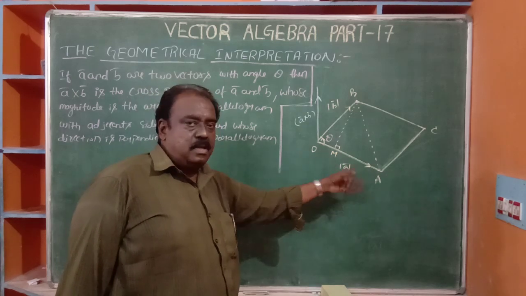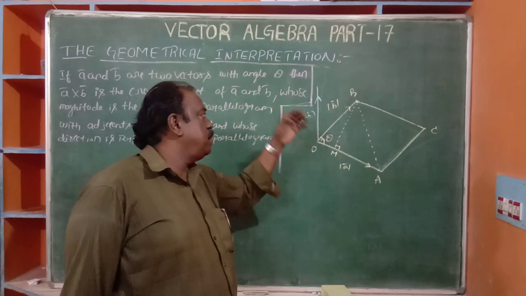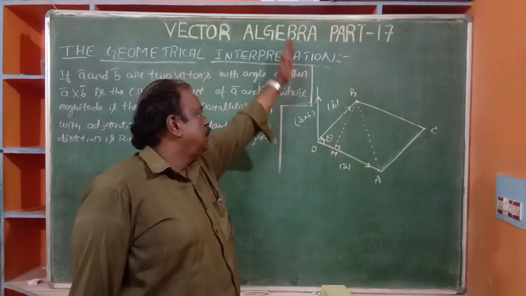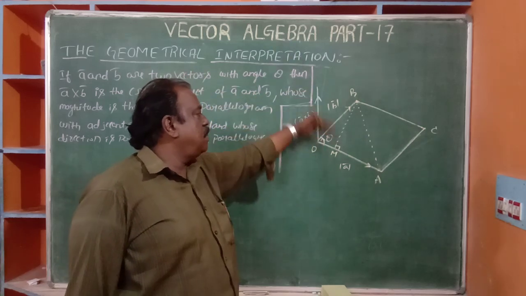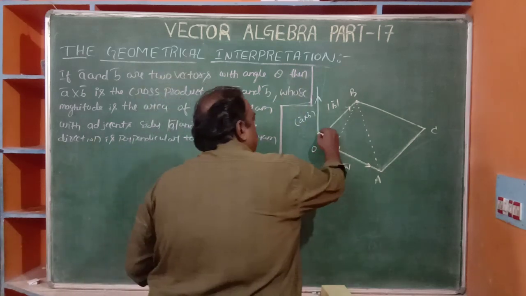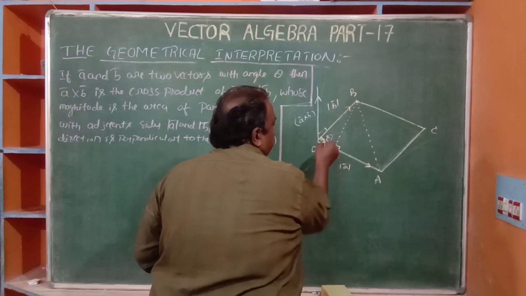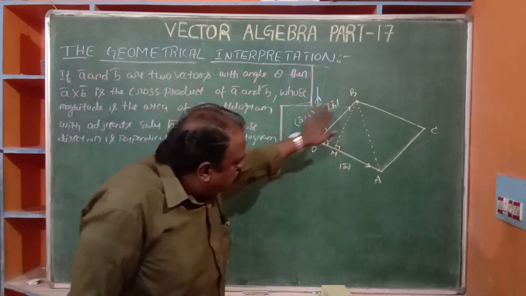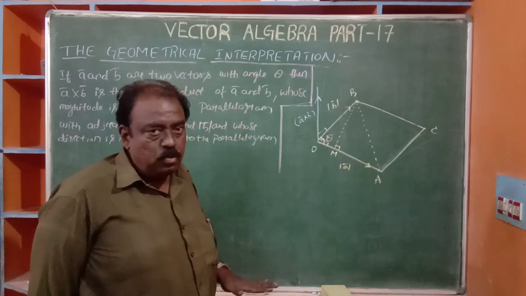Mod A bar is the length of the first vector, mod B bar is the length of the second vector. We know that the cross product of A bar and B bar is perpendicular to A bar as well as B bar, or the plane of A bar and B bar.